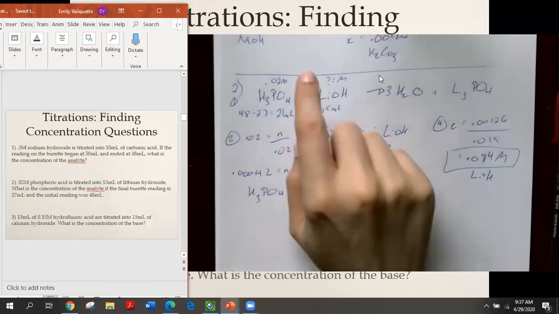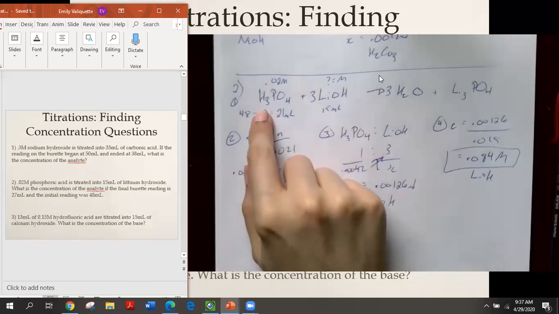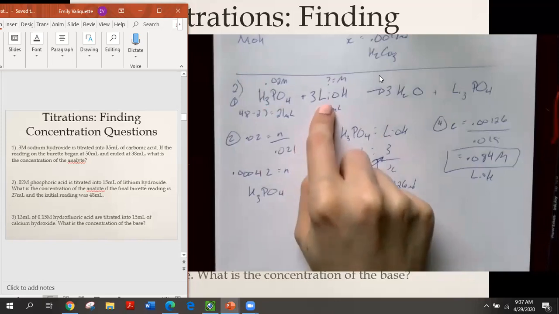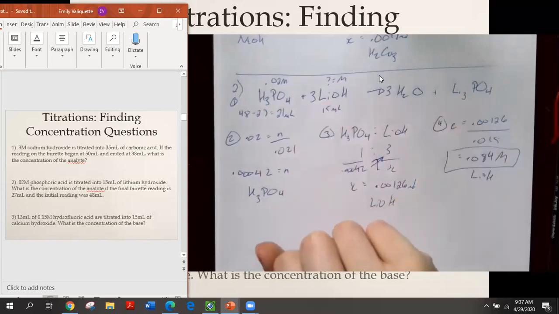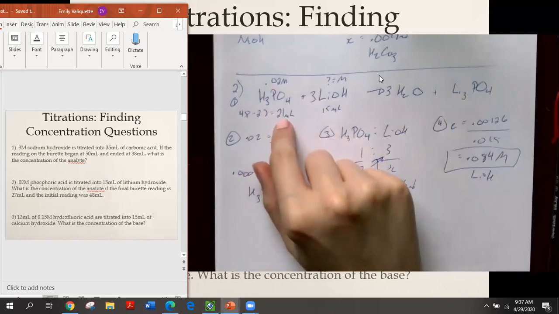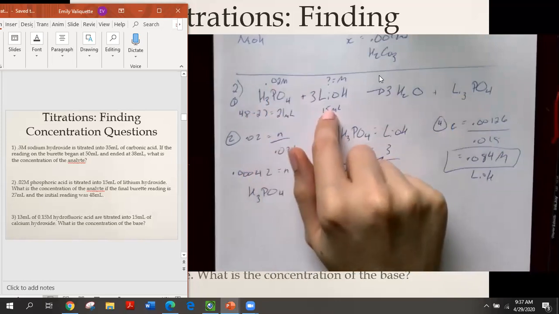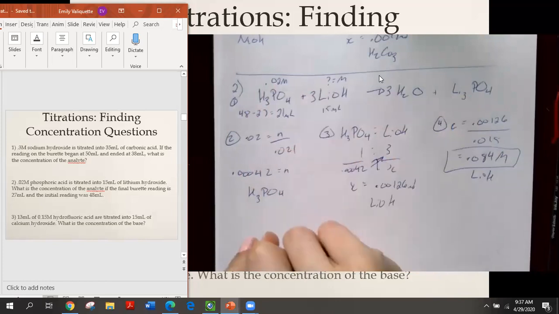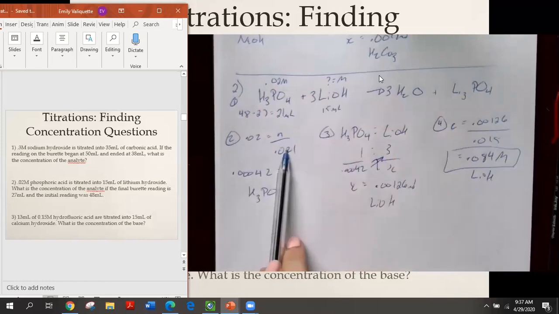Okay, so for the second question, we have phosphoric acid reacting with lithium hydroxide. It'll make water and lithium phosphate. We have 0.2 molar and 21 milliliters of the acid, 15 milliliters, and an unknown concentration of our base. So we'll start with C equals n over V for our acid.